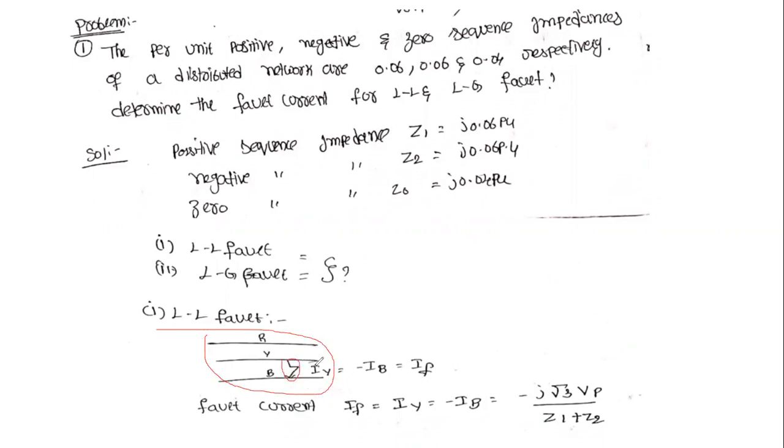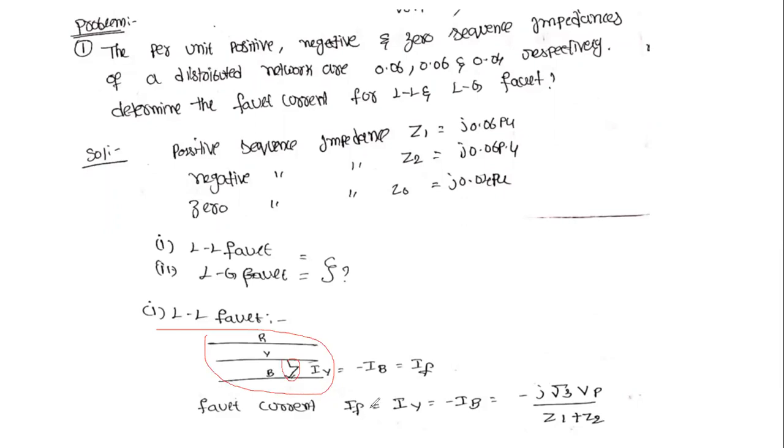Y to B phase. Therefore, IY is equal to minus IB, and that is equal to IF, the fault current. Therefore fault current IF is equal to IY is equal to minus IB.